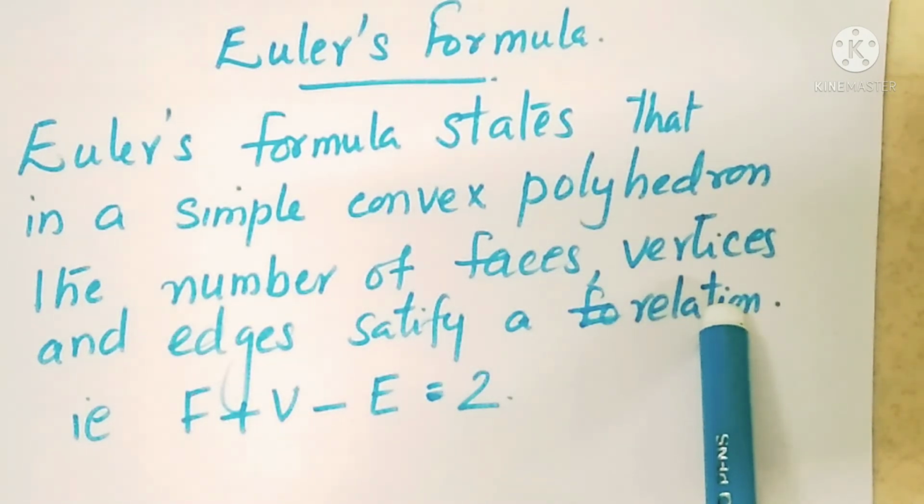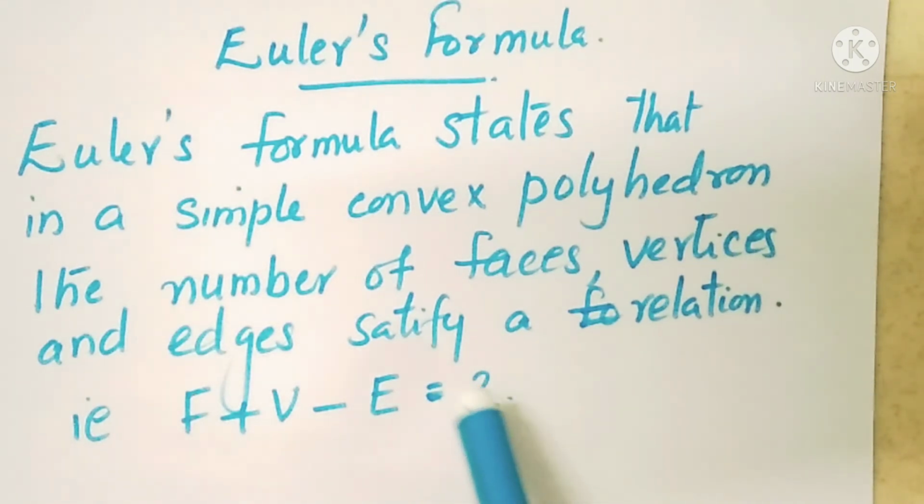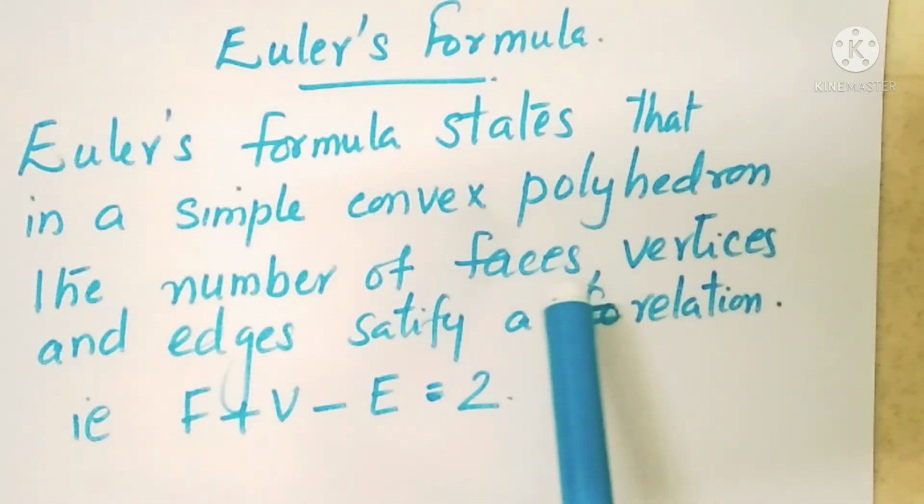What is that relation, you know? The number of faces plus the number of vertices minus the number of edges will always be equal to 2. This is known as Euler's formula.